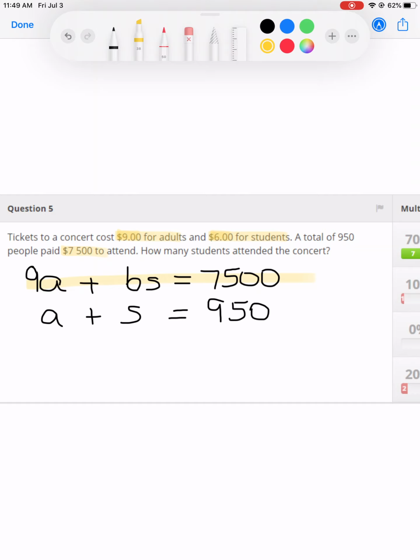So what's going to be easiest? We can do substitution or elimination. Because of the way that it's already set up, I'm just going to do elimination. So I'm going to multiply the bottom equation by 6. Now it's going to be 6a plus 6s, and then 950 times 6, which is a big number, 5,700.